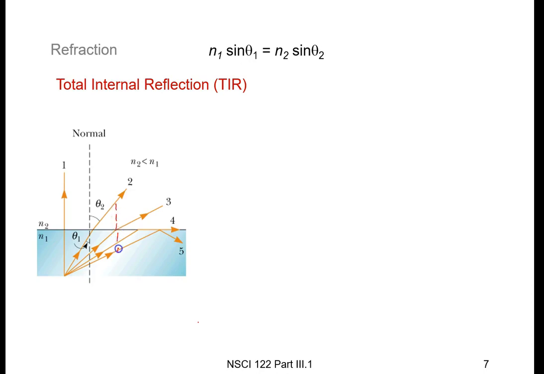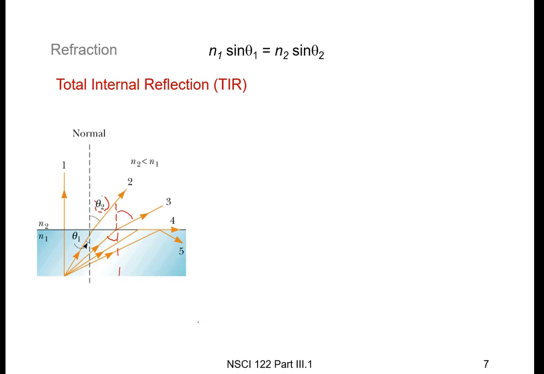There, that's not too bad for ray 3. So for ray 3, this angle is the angle of incidence, and you get a larger theta 2. But that theta 2 is even larger than for ray 2.